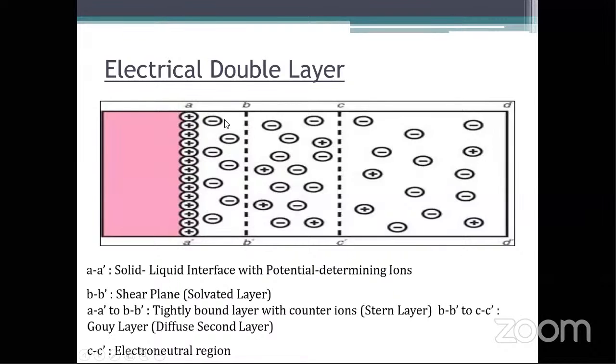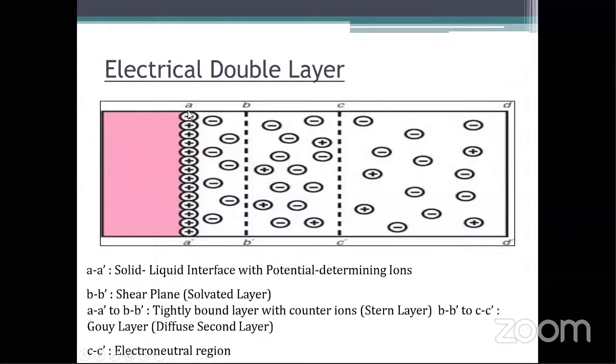This region is known as the tightly bound layer. Are you able to see that cursor? Yes, sir. So from A dash to B dash, this region is known as the tightly bound layer. This tightly bound layer extends up to B dash.